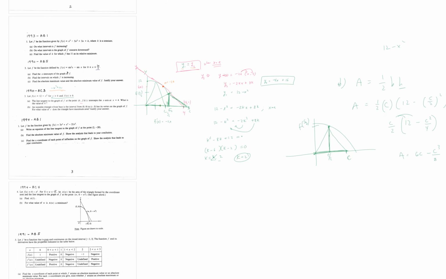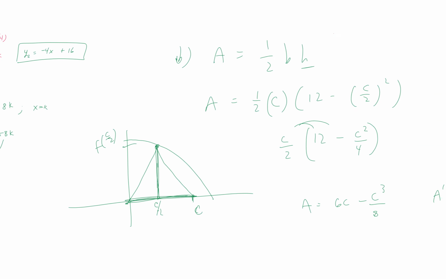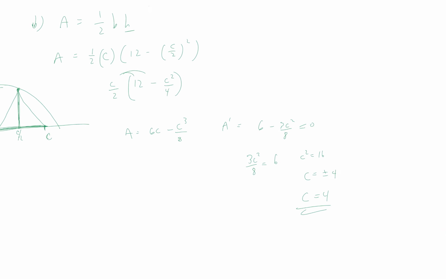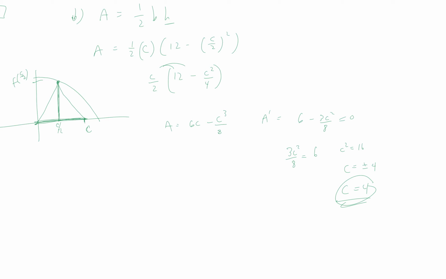Let's see what it says here. What is the maximum value? Justify your answer. We found that the critical value is at c equals 4, so it has either an absolute min or an absolute max. We're going to test around it. Here's 4, and the derivative is 6 minus 3c squared over 8.